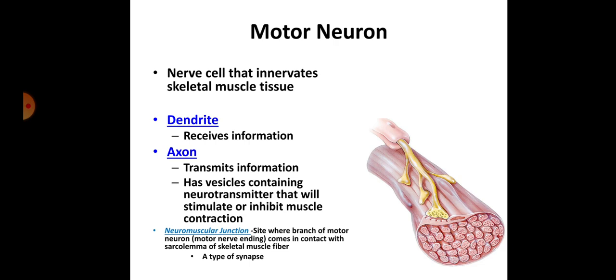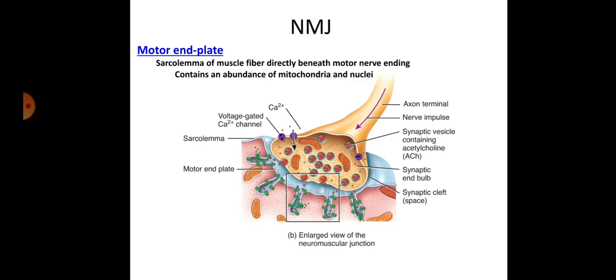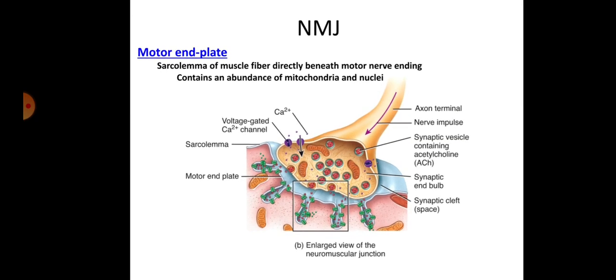The neuromuscular junction is a site where a branch of the motor nerve ending comes in contact with the sarcolemma of the skeletal muscle fiber. In this diagram, you can see the neuromuscular junction.